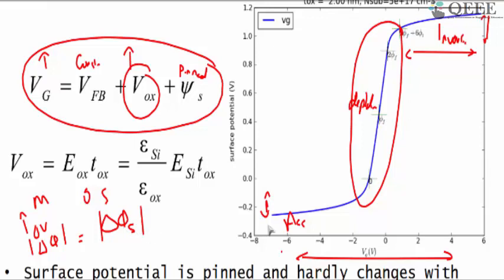Now under inversion and accumulation, the carrier concentration is exponentially proportional to the band bending. Even if you vary the band bending by a little amount, the charge varies, because the electron and hole concentration depends upon the difference between the Fermi level and the bands. So under accumulation and inversion, the surface carrier concentration increases a lot, exponentially, even if you change the band bending a little.